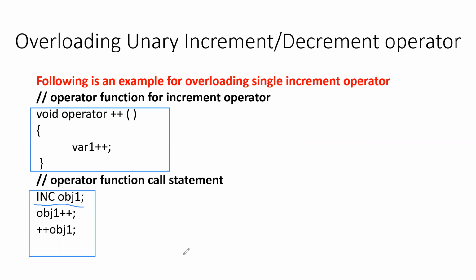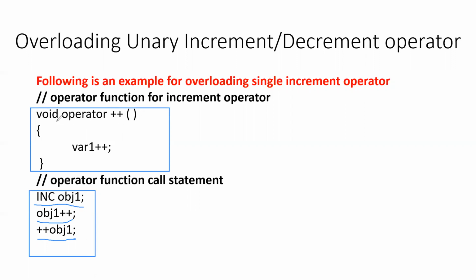And then we call the operator function plus plus twice, once using this syntax and the other using this syntax. So both times when we call this operator function, this function will be executed.